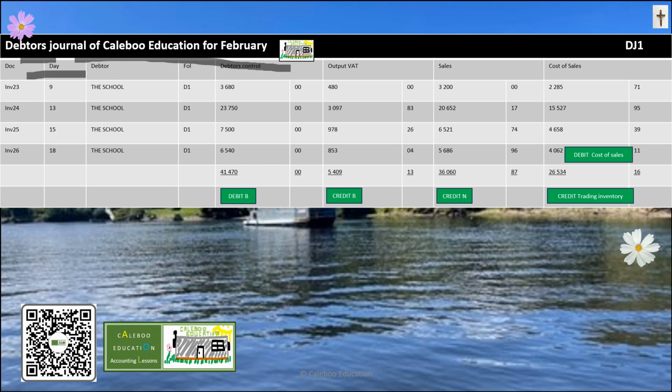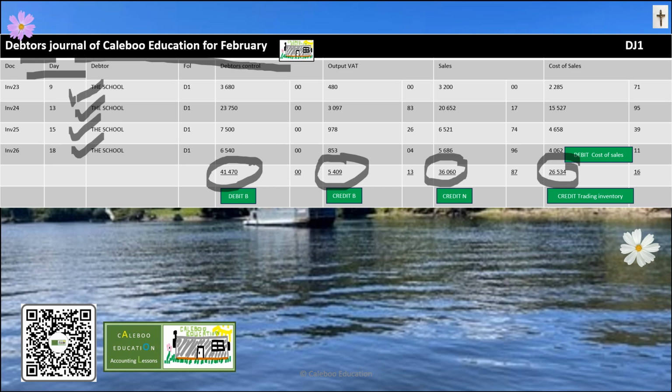There are all the column headings, and there are the 4 transactions we just completed. And we total up each column, and that information is going to be taken to the general ledger.